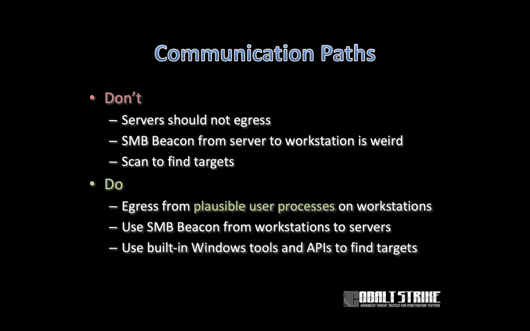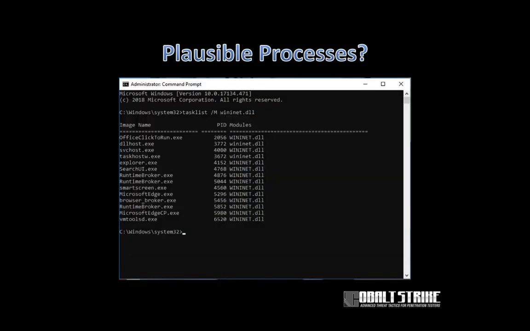I do recommend you take advantage of built-in Windows tools and APIs to find targets. Querying Active Directory is definitely your friend, and we will talk about that later on when we talk about lateral movement. What is a plausible process for egress? Well, it depends on the type of C2 channel.